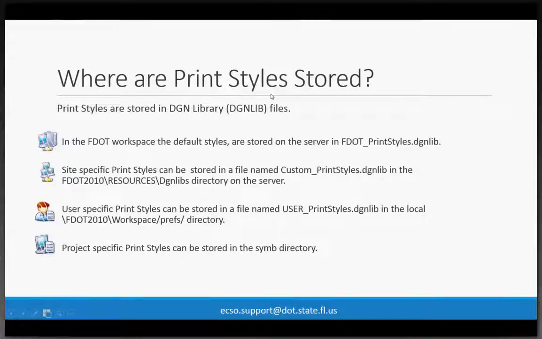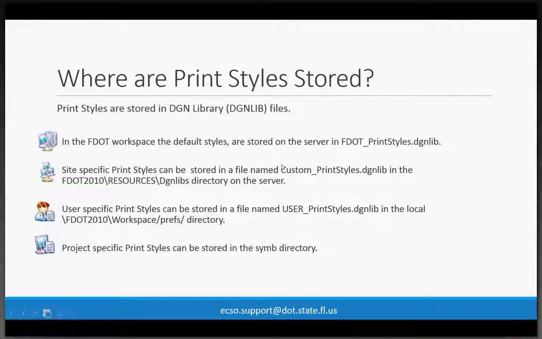So where are those print styles stored? Ideally they're going to be stored in a DGN library, and when we deliver the FDOT print styles, they get delivered in a DGN library up on the server or on your standalone workstation named FDOT Print Styles.dgnlib.